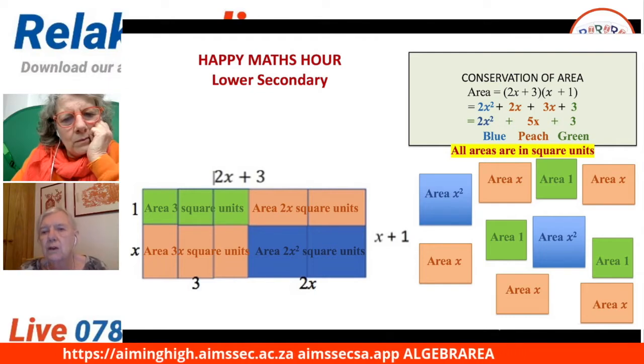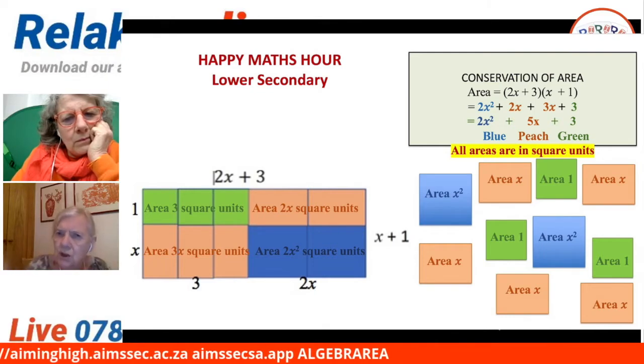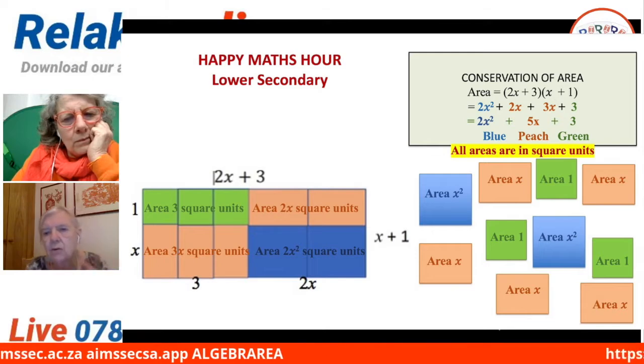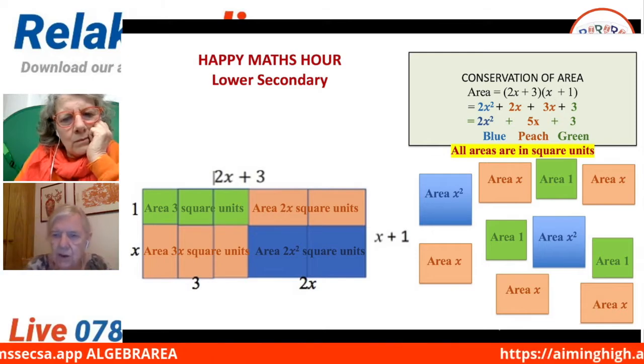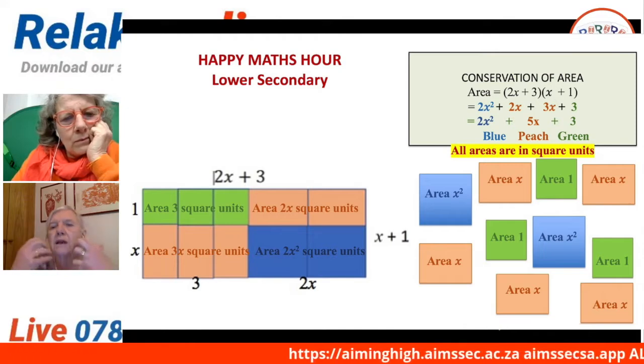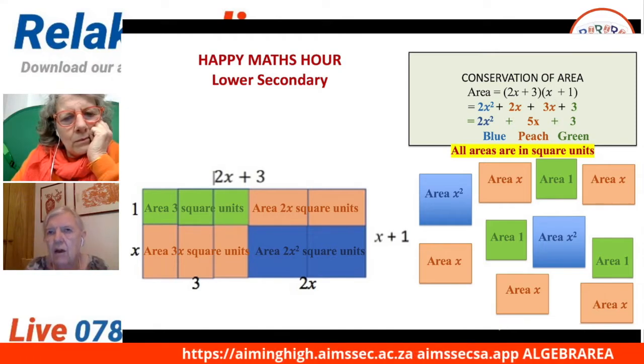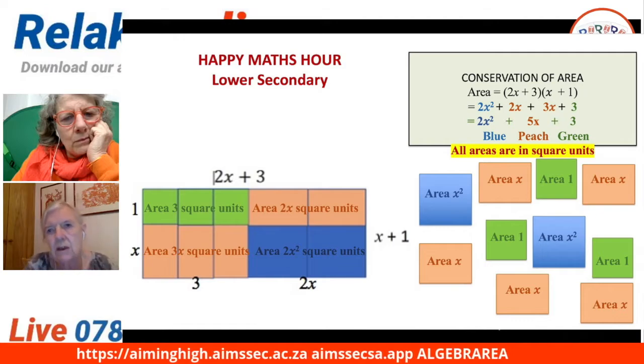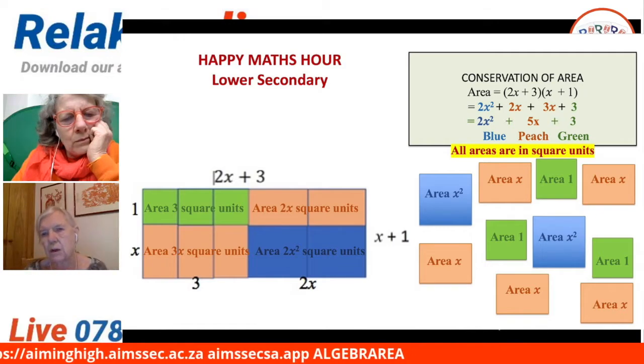What they're doing is realizing they're not stretching those pieces, and however you separate it into little bits or put the little bits together again, you are keeping the same area. You're conserving it, as we mathematicians call it.